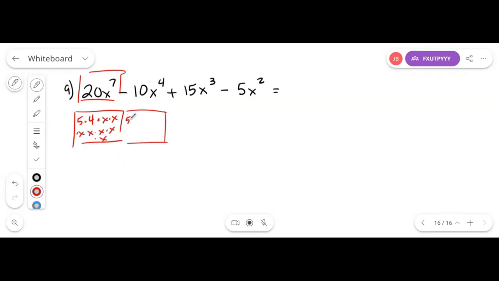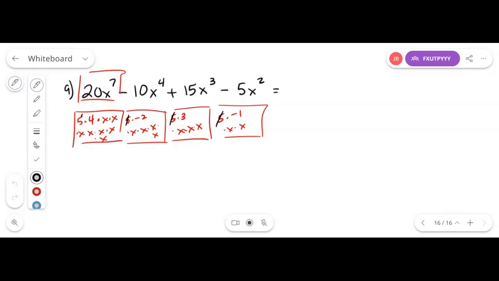Then here, 5 times negative 2 to give me my negative 10 times x times x times x times x. 15 is 5 times 3 times x times x times x. This is 5 times negative 1 because I'm going to take that 5 out. So there's got to be something else there. Times x times x.